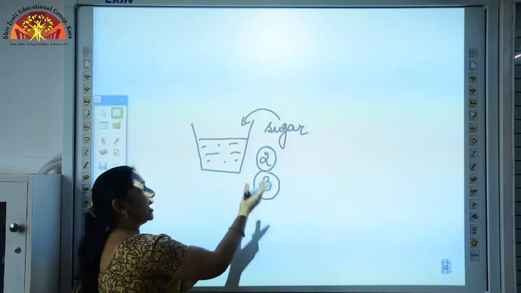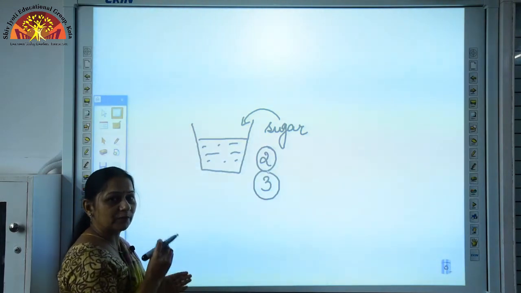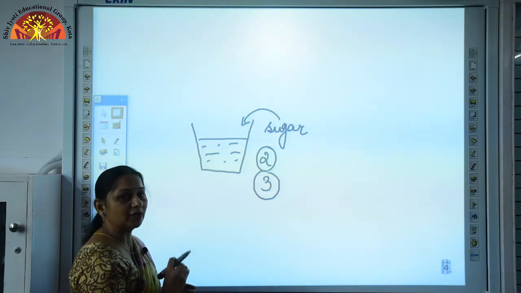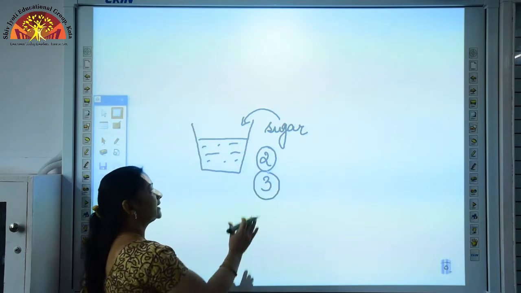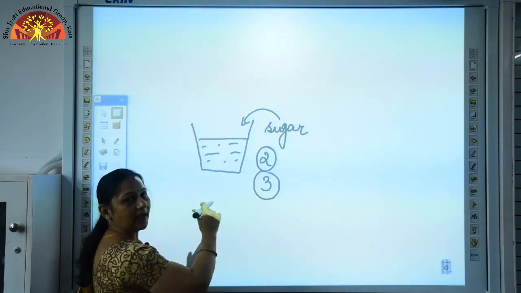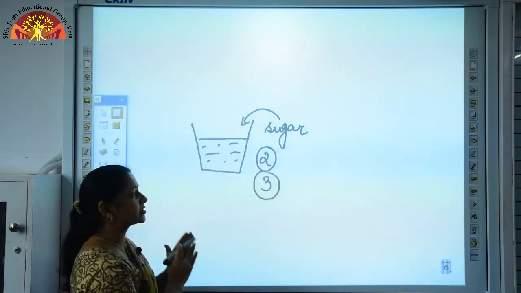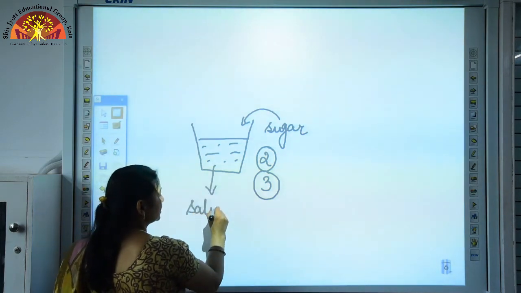If I keep on adding more and more sugar, you will reach a moment when you notice that no more sugar dissolves in this mixture. And this mixture, which dissolves no more of the solute, is known as saturated solution.